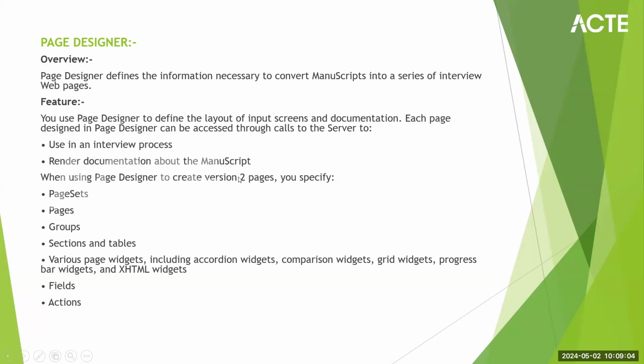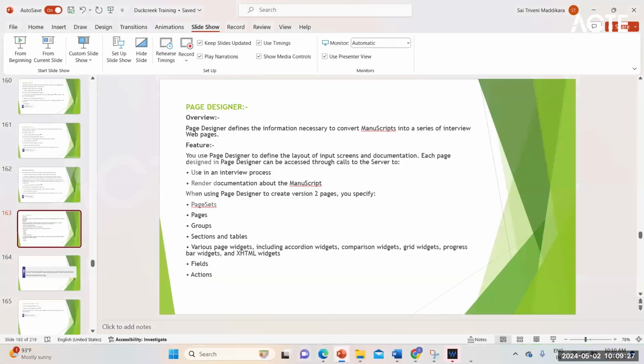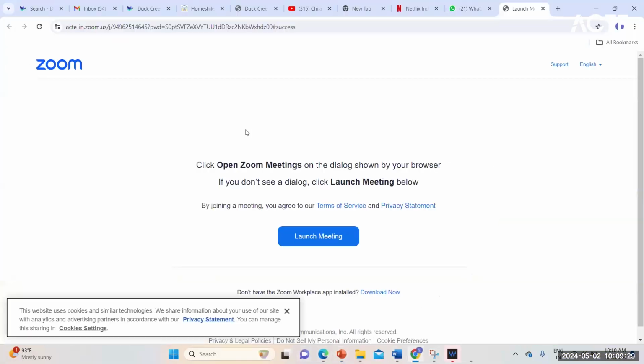When using Page Designer to create version 2 pages, you must specify page sets, pages, groups, sections, and tables, various page widgets, including accordion, comparison widgets, grid widgets, and all these fields and actions. Suppose you are creating one particular screen on the UI. For example, let's take this.